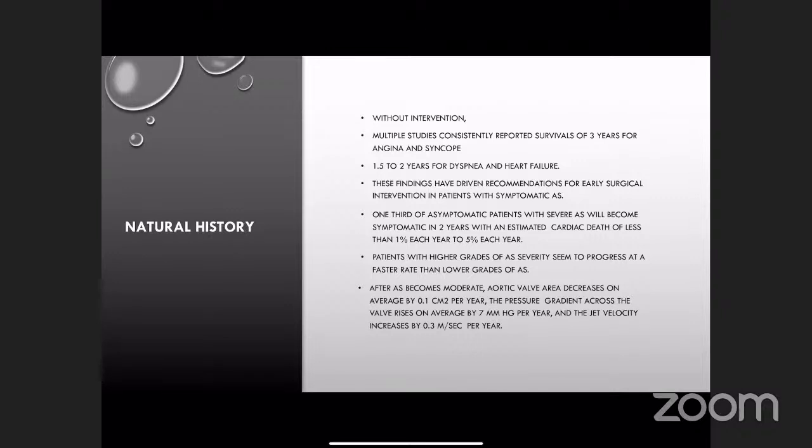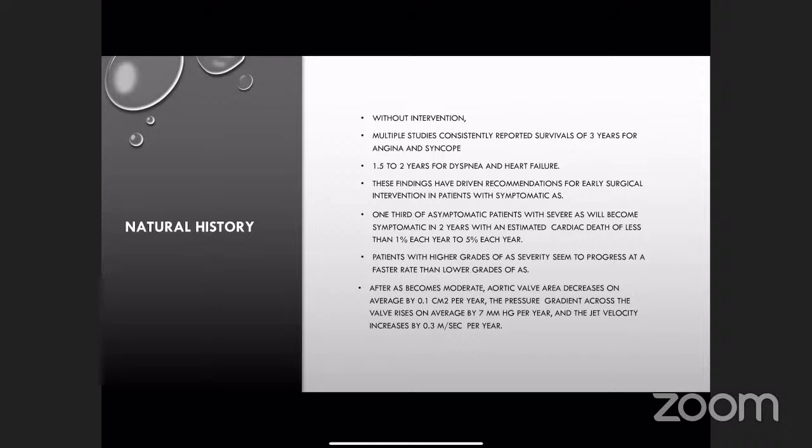One third of asymptomatic patients with severe AS will become symptomatic within 2 years, with an estimated cardiac death rate of less than 1% to 5% each year. Patients with higher grades of AS severity seem to progress at a faster rate than those with lower grades.